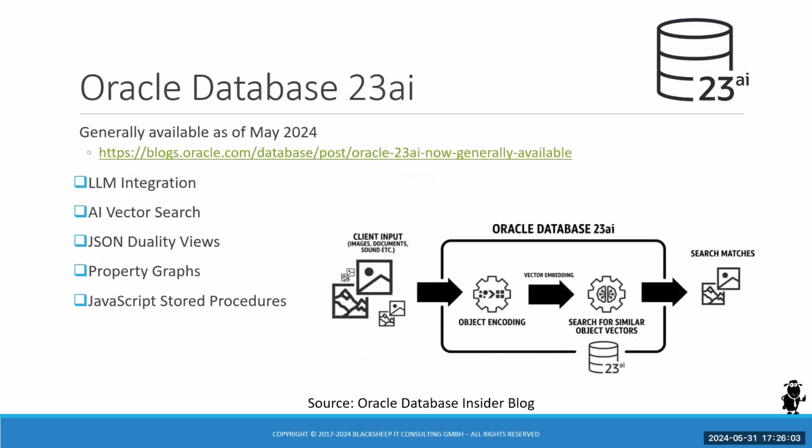In other news, Oracle has announced the public availability of the new version of the flagship database, and of course, as is now the general norm, AI is slapped onto everything, and the database is now dubbed 23 AI, a change from 23C, which was the previous versioning. So 23 AI it is.